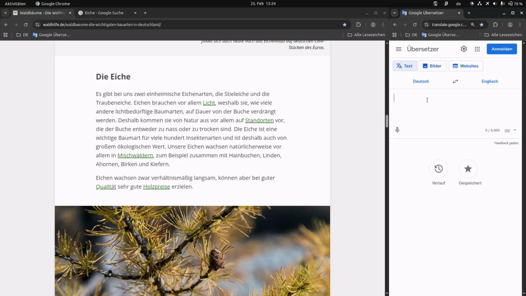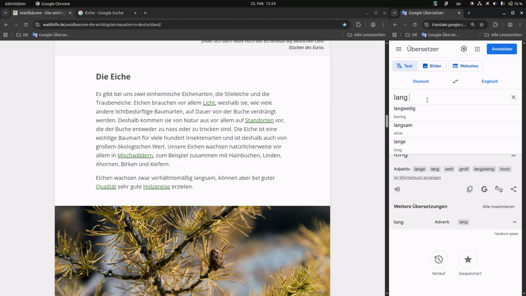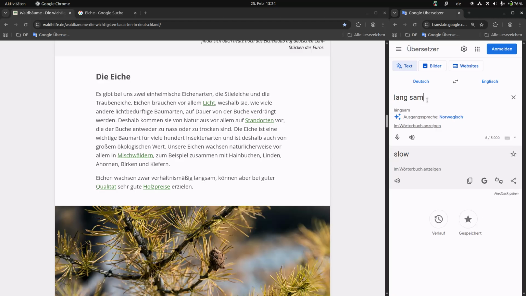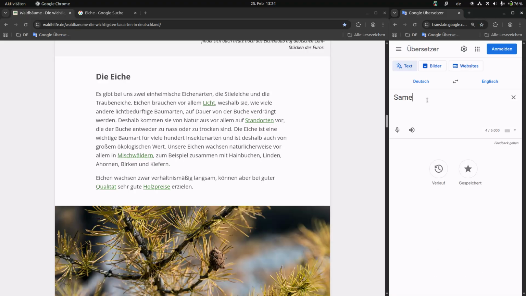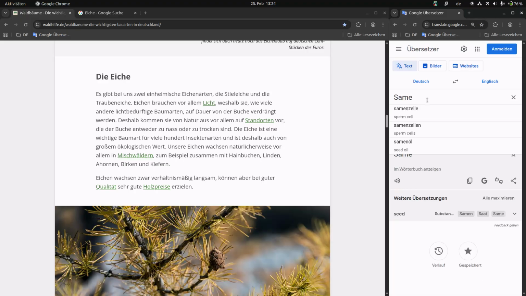This might also be confusing because we have the word lang and the word Samen, which I don't know where this derives from, but definitely not from the word Same, which means seed, or can also mean sperm cell.